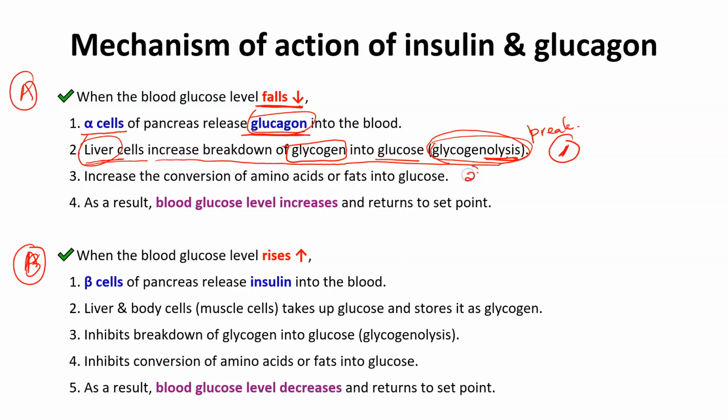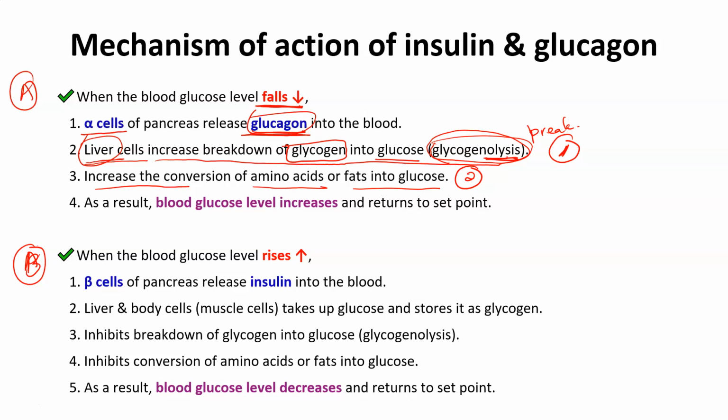The second effect is that glucagon causes the increased conversion of amino acid or fat into glucose, because you are not eating anything. You are not eating rice or bread, you are hungry, you are lacking energy.